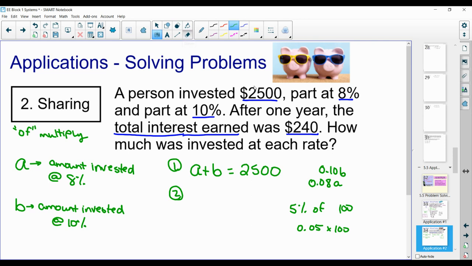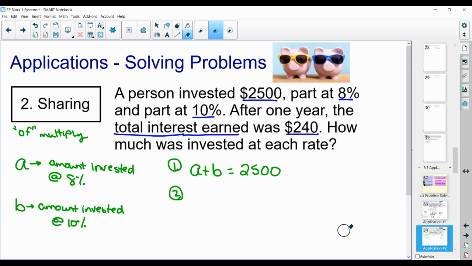So when I want to figure out my total interest earned, I'm going to take the percent of the amount and add it to the percent of the other amount. So my formula will look like this. I'm going to have 0.08A plus 0.10B equals $240.